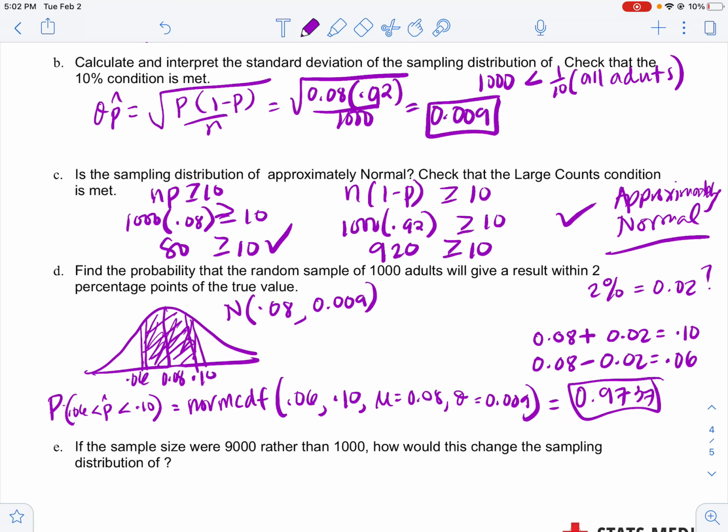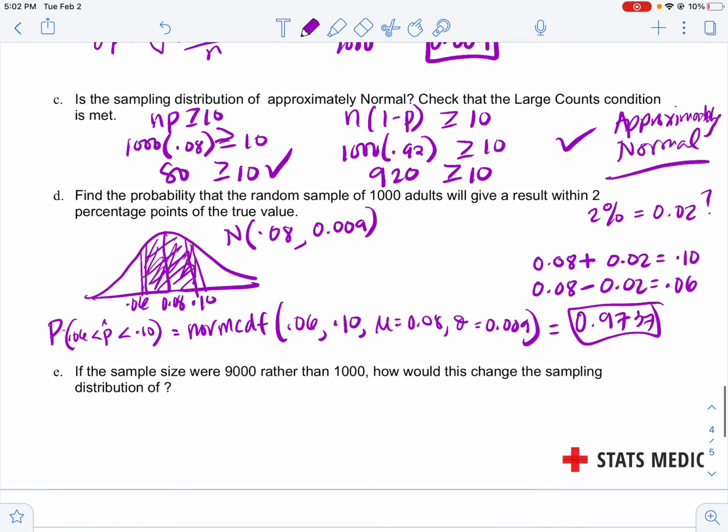Moving on. If the sample size were 9,000 instead of 1,000, how would this change the sampling distribution? If the sample size were 9,000 rather than 1,000, it wouldn't change the mean, because the mean will still be 8%. So the mean is the same, and the distribution would still be approximately normal.